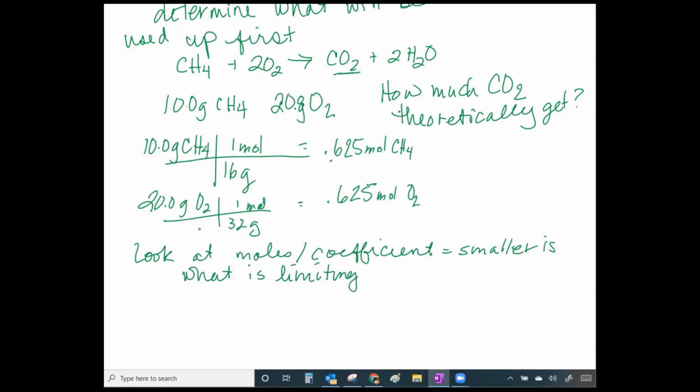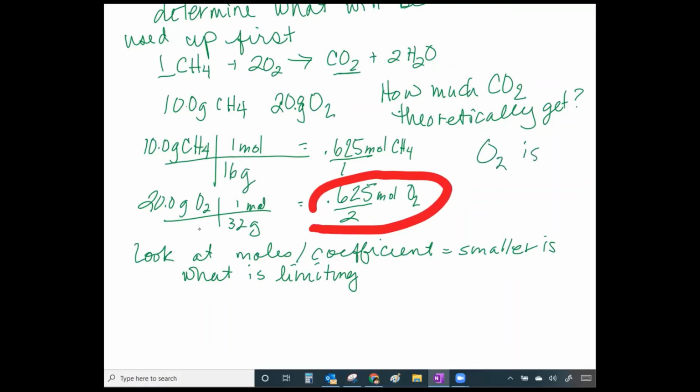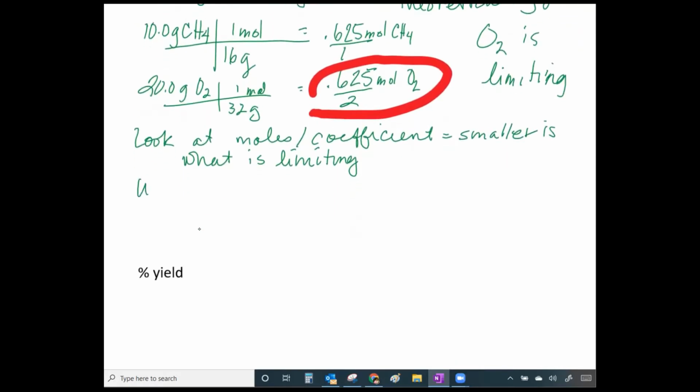So I can divide him by 1 because there's a 1 in front of that, and I can divide him by 2. Who's going to be smaller? The oxygen is going to be smaller, so therefore oxygen is limiting. I then use oxygen to do the rest of my calculations.